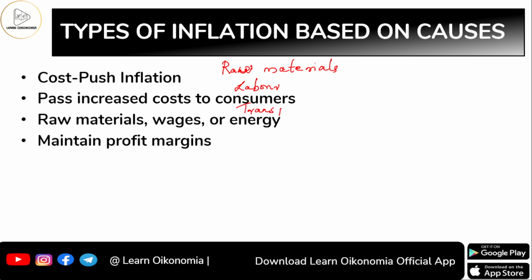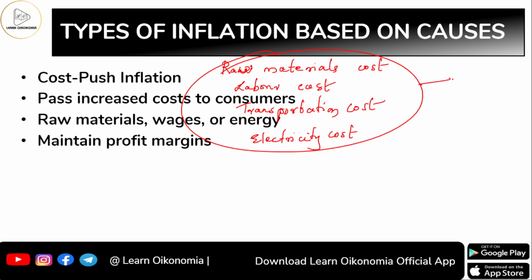He might be incurring something called advertisement cost, isn't it? He might be incurring something called electricity cost for production, isn't it? So transportation cost, electricity cost, labor cost, or cost of raw materials. What are all these? These are cost of production.